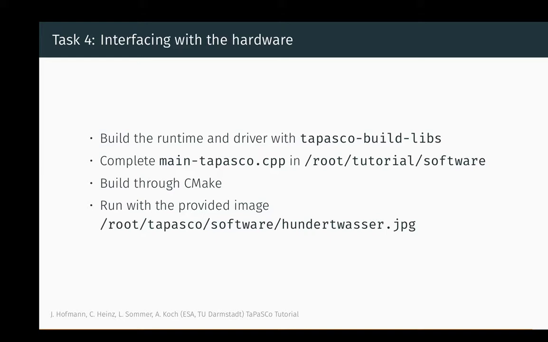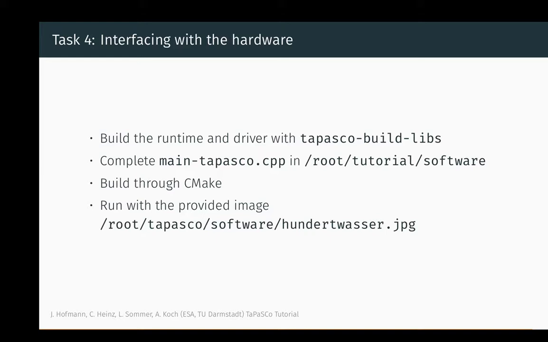We've already set up a CMake list for you, so you do not have to do that. You can look at it if you want to see how to work with the CMake targets of TaPaSCo, but it's a pretty basic application CMake.